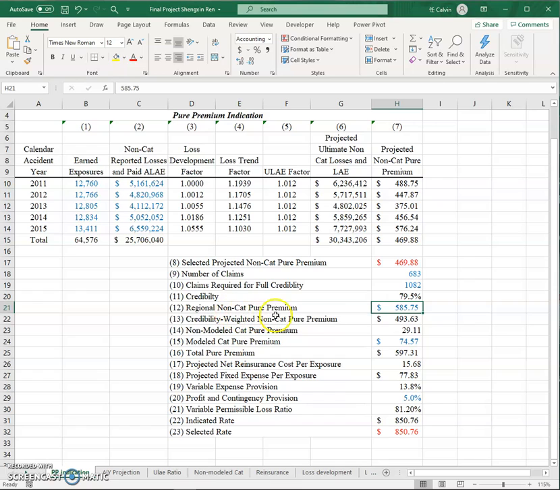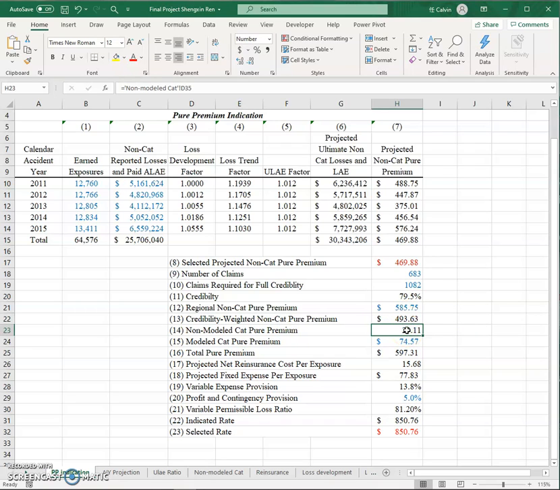And the original non-catastrophe pure premium is given, and we can calculate the credibility weighted non-catastrophe pure premium. We just use the selected projected non-catastrophe pure premium times the credibility plus the original non-catastrophe pure premium times 1 minus the credibility, which is the formula we're familiar with. And we get this number.